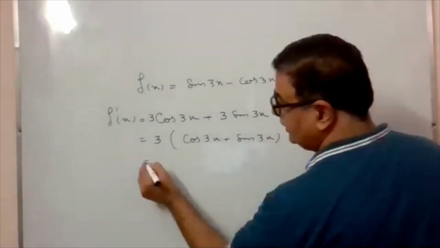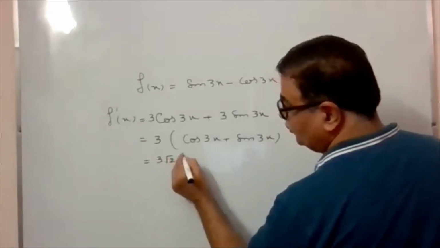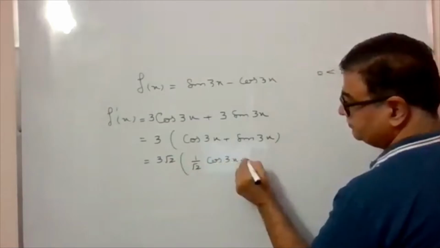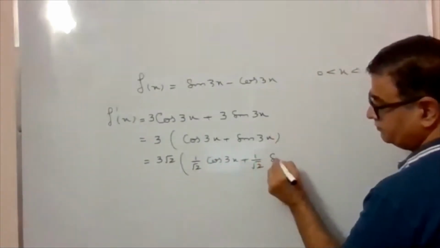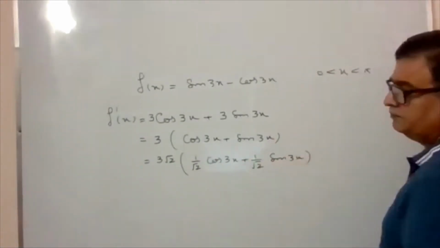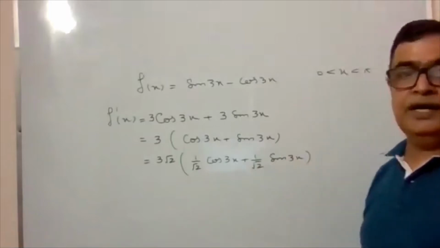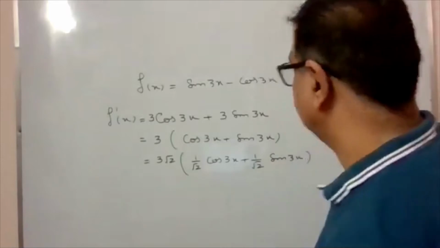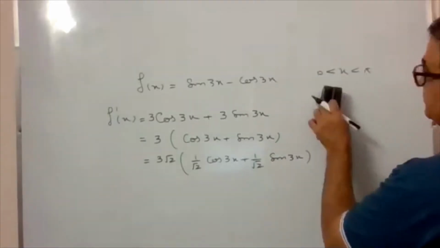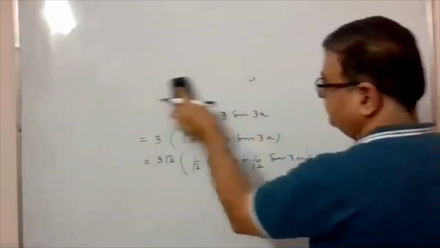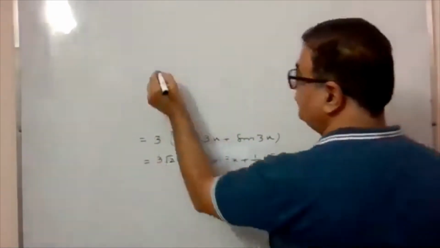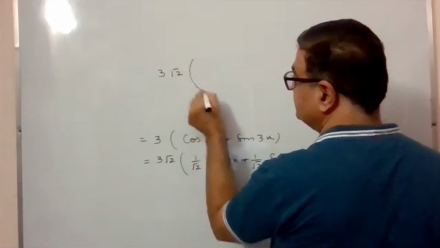Then we should multiply and divide by root 2. We will take 3 root 2 outside.